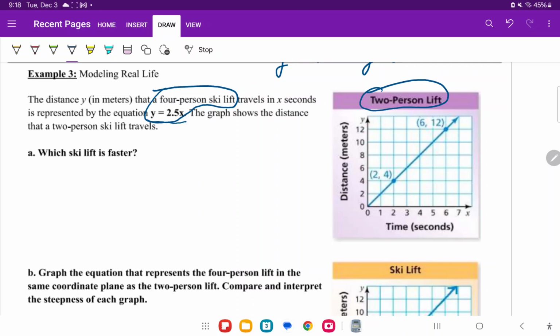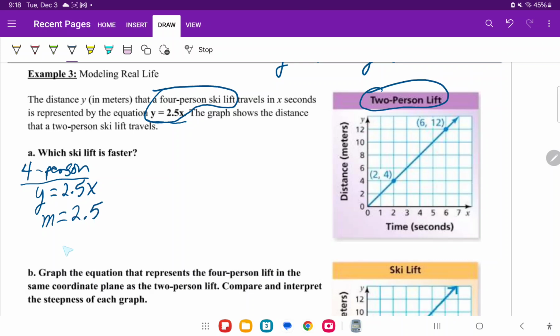Okay? So we're going to come over here and put the 4-person. Its equation is y equals 2.5x. Right? So the slope of it is 2.5. All right?